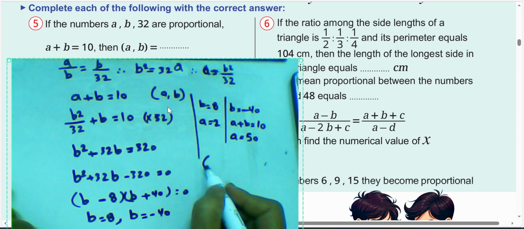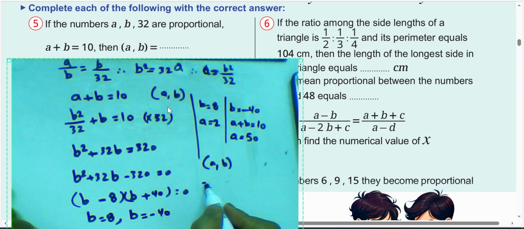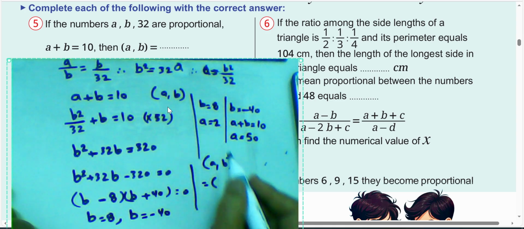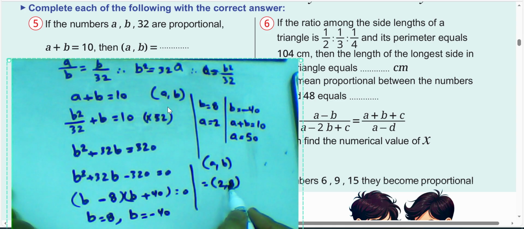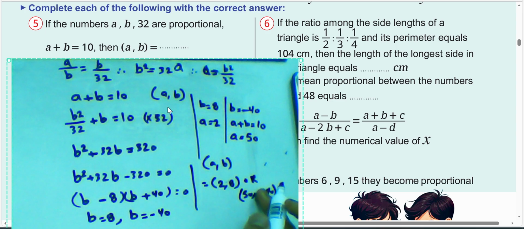Then the order of a and b will be 2 and 8, or 50 and negative 40.